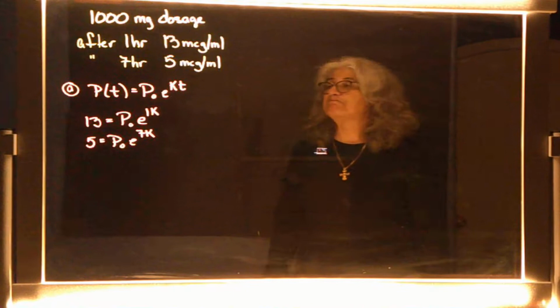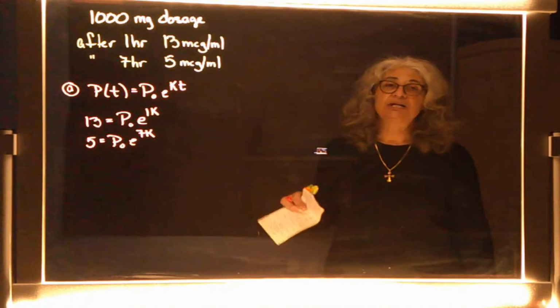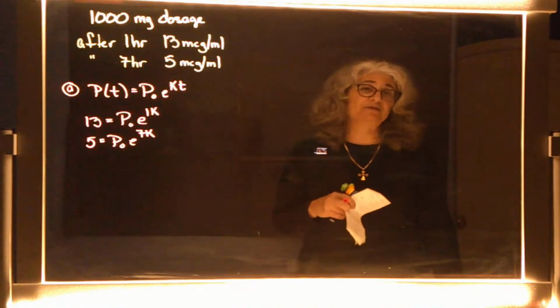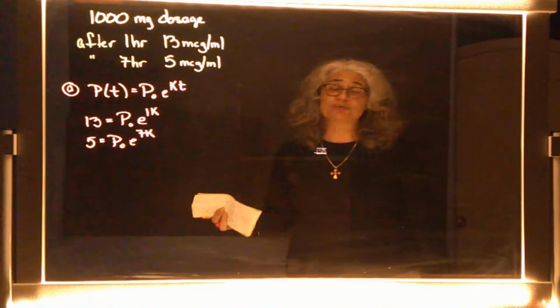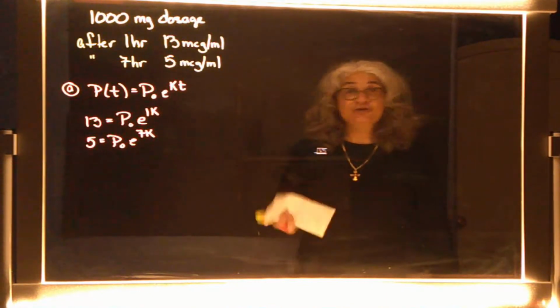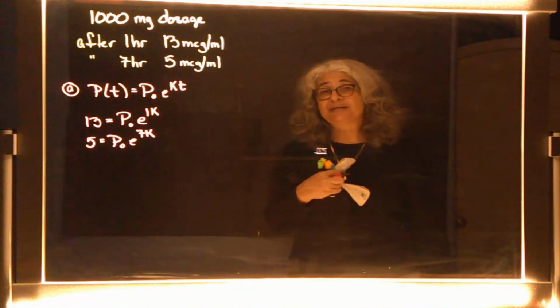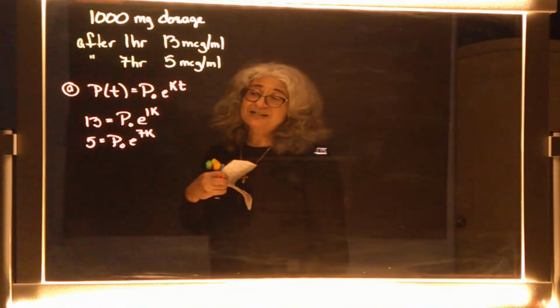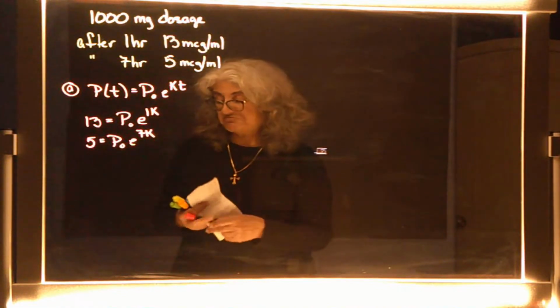Got it? Now, I'm going to do something very simple to help me eliminate one of the variables. When you have two equations and two unknowns, you can either use a substitution technique or an elimination technique. I'm going to use elimination because it's actually very simple.